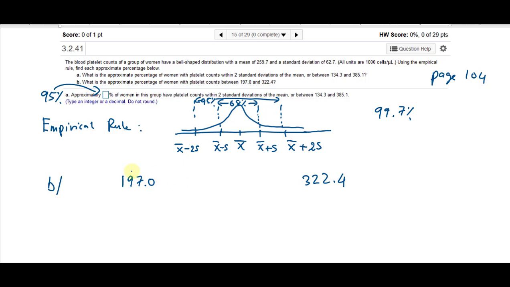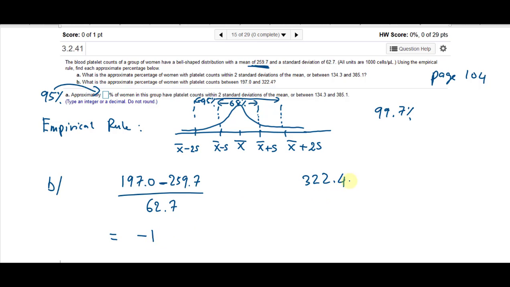So you take the data point, subtract the mean value. We are given the mean. So we take the data point, we subtract the mean, and then divide by the standard deviation because we want to convert them back to the z-score value. Okay, so doing that, 197 minus 259.7 divided by 62.7, we would have -1.